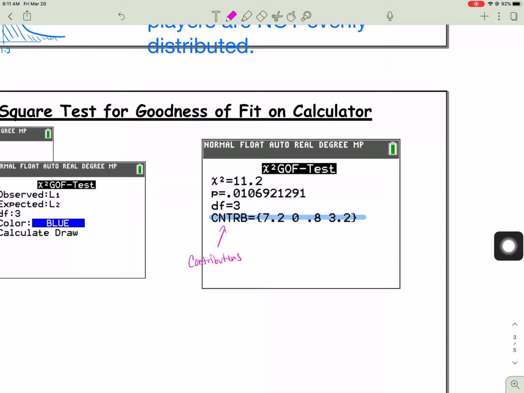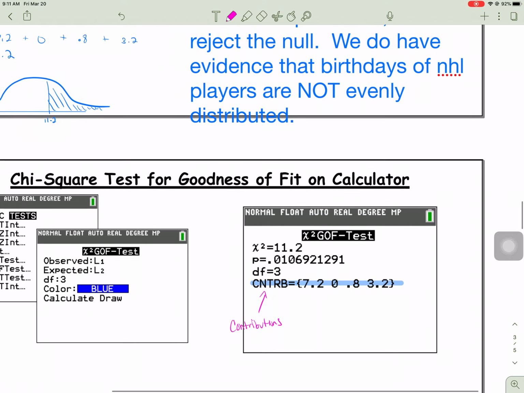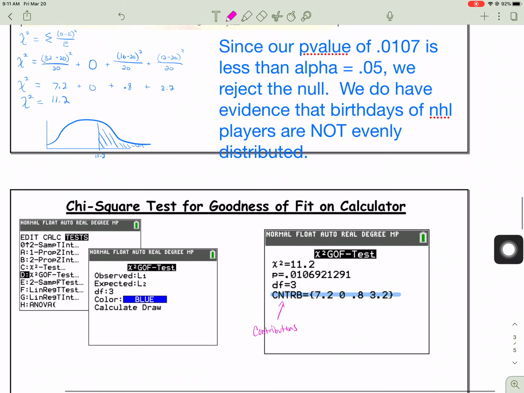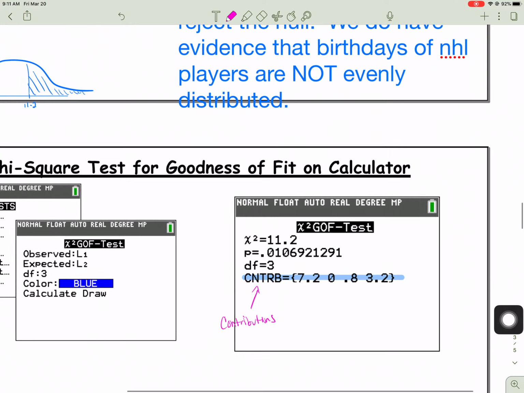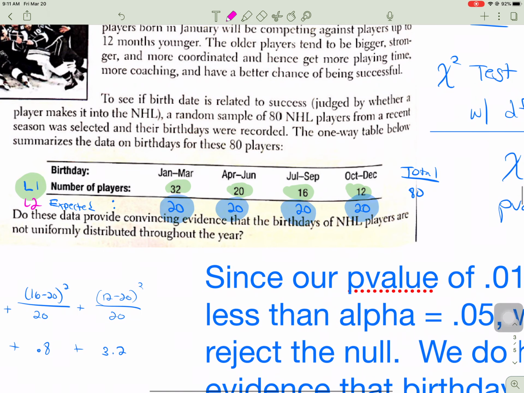So this 7.2, 11.2 is the full chi-square distribution. 7.2, as we remembered, was the part of chi-square from the months of January to March. And you see that makes sense because that was the largest difference from what we expected, so it's the largest contributor to tell us that something is going on, that we would reject the null.